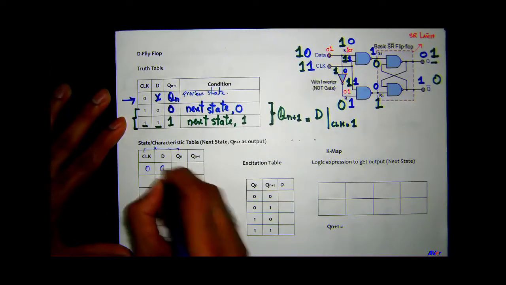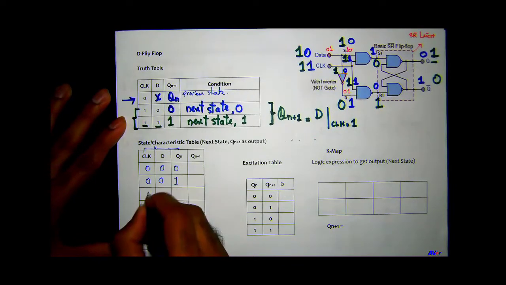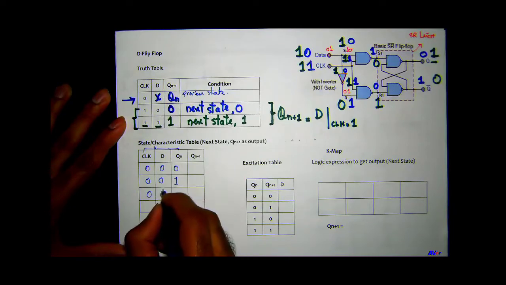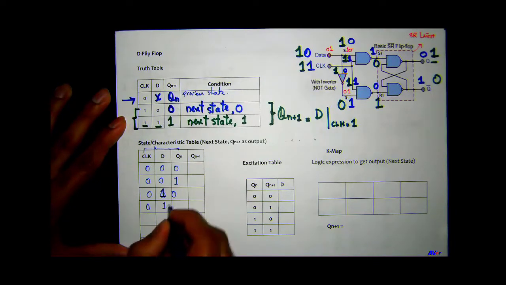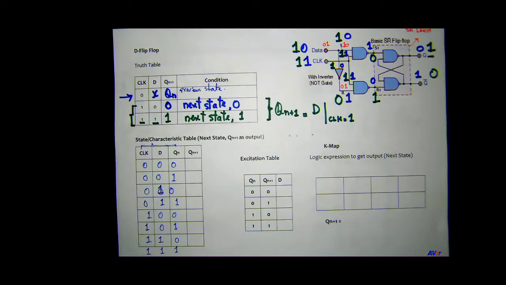So 0, 0, 0, 0, 0, 0, 0, 1, 0, 0, 1, 1, 1, 0, 0, 1, 0, 1, 1, 1, 0, and then 1, 1.